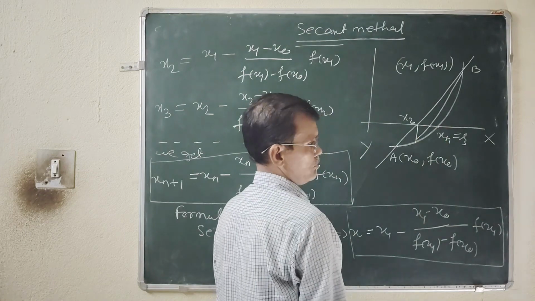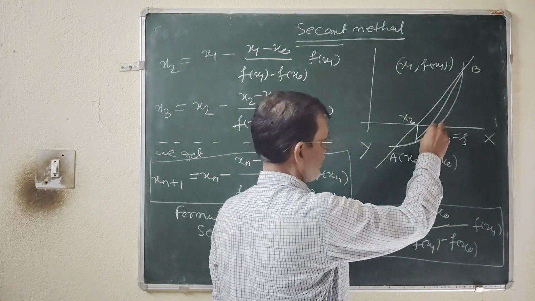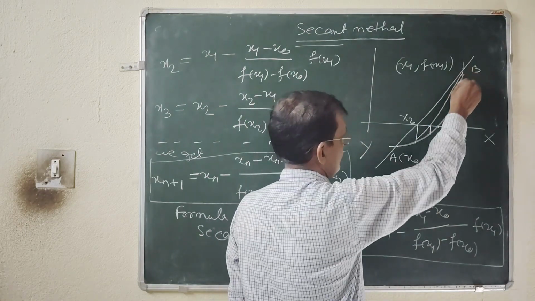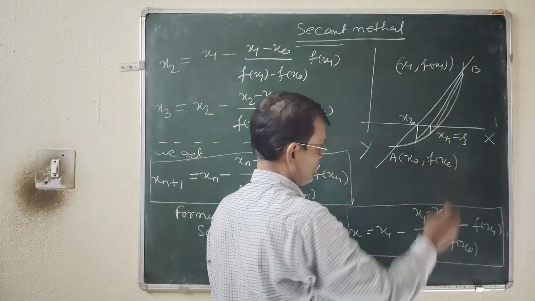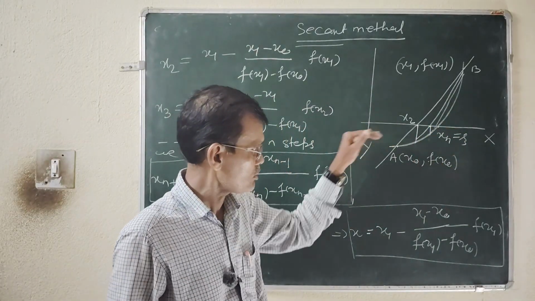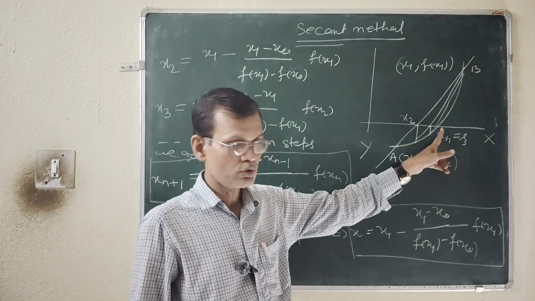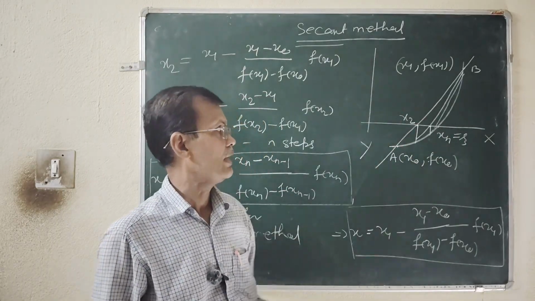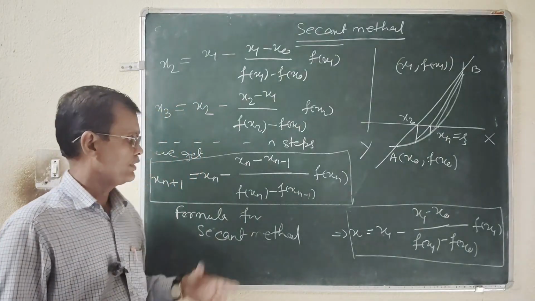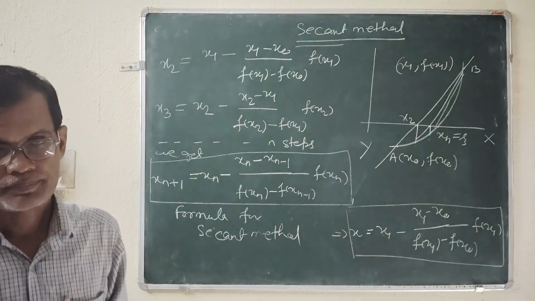This will give x3. Again we draw a perpendicular and join this point, which will give x4 and so on. This process of iteration leads us to arrive at the exact solution xn. So that is the idea of how we derived the secant method.